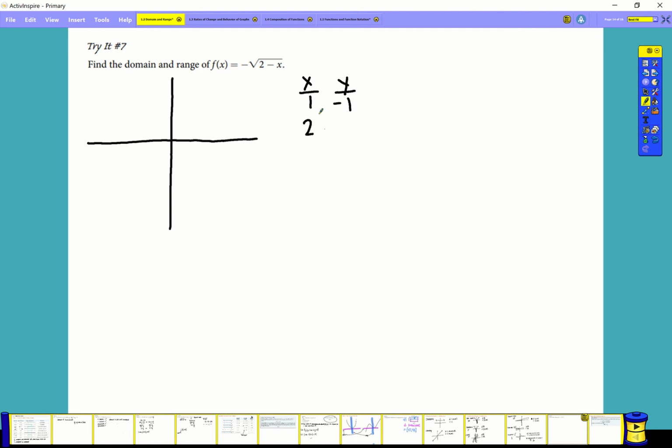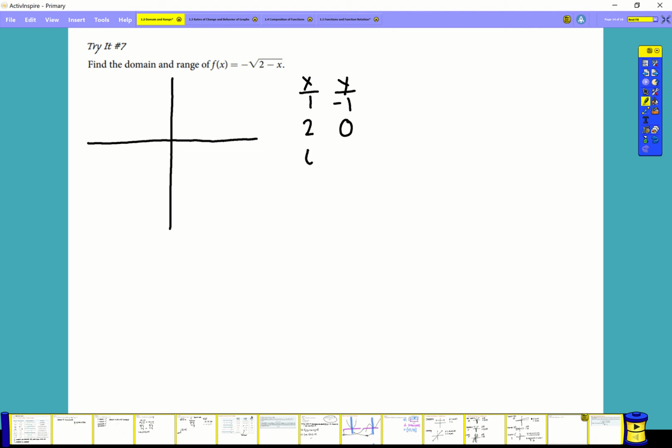Let's try 2. 2 minus 2 is 0 and the square root of 0 is 0. Make that negative, negative 0. Negative 0 doesn't mean anything, so we're just going to go with 0. Now notice anything bigger than 2 gives me a negative number and I can't work with that. So I've got to start going smaller than 1.